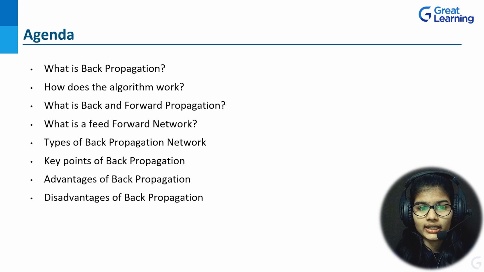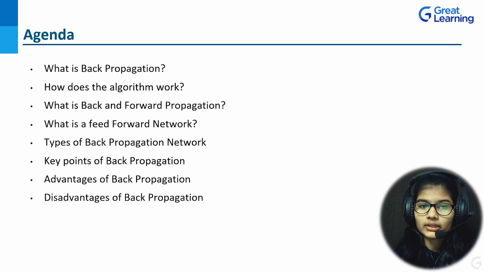Into that particular case, how does this algorithm work? What are the things that you need to take care of? What's the diagrammatic view of the working of this algorithm? How many layers are we having? All of that we will be covering under how the algorithm works.